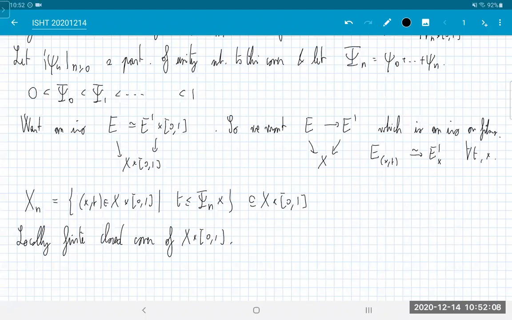So psi n, for every point x, has a neighborhood such that psi n is eventually constant, eventually 1, on that neighborhood.